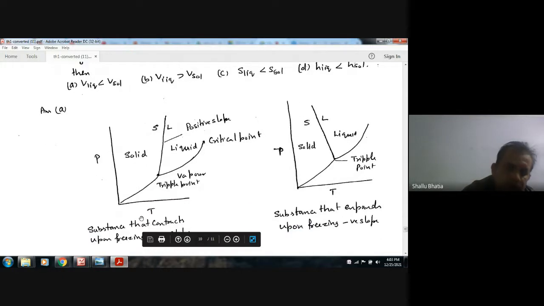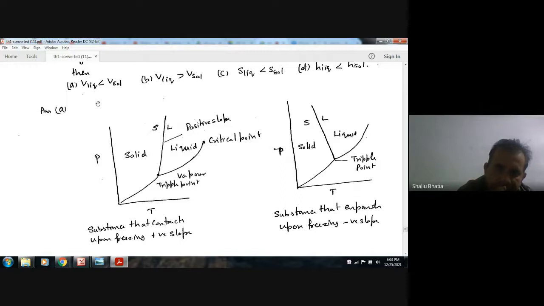Here we can see that the slope is negative, and so the specific volume of liquid is less than the specific volume of solid.